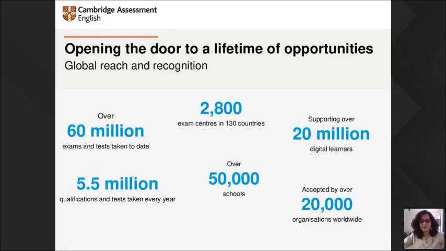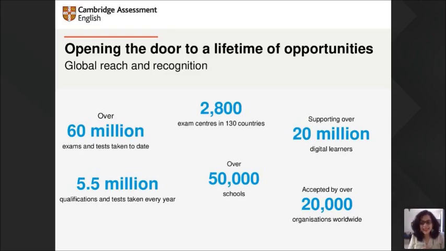Before we start with curriculum mapping, just to give you an idea about the reach and spread of Cambridge Assessment English, you have a slide in front of you, which will give you a very good overview of Cambridge and its spread in the world. It has exam centers in 130 countries of the world, and there are around 2,800 exam centers across the world. Cambridge is at the moment supporting 20 million digital learners.